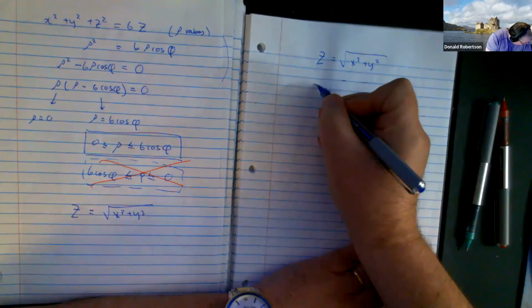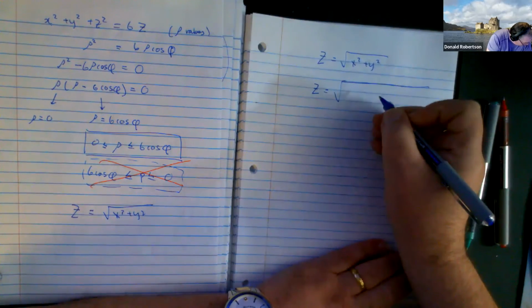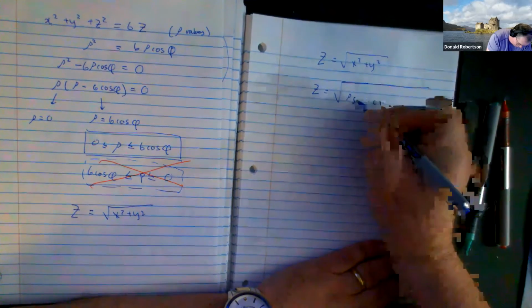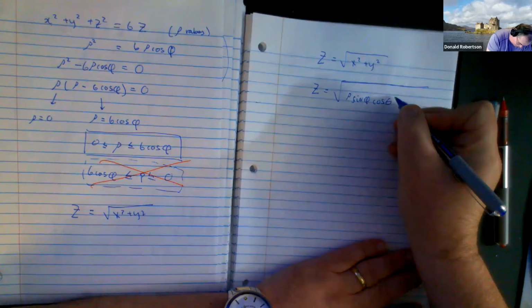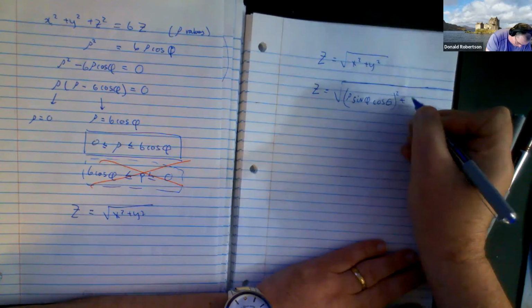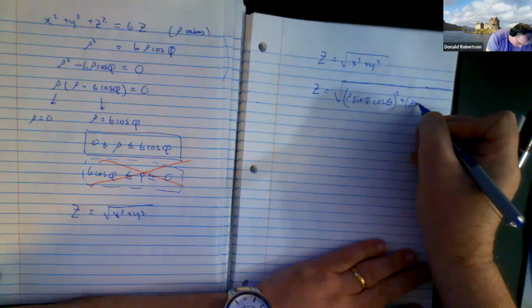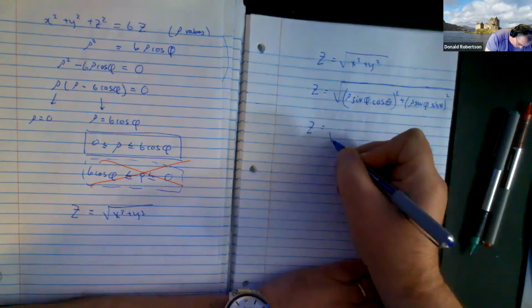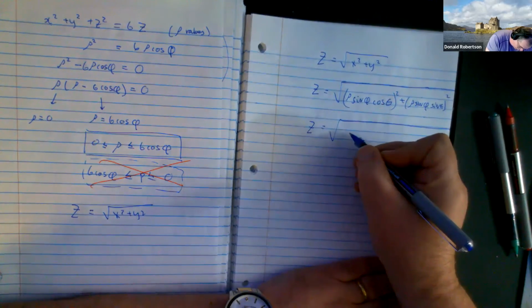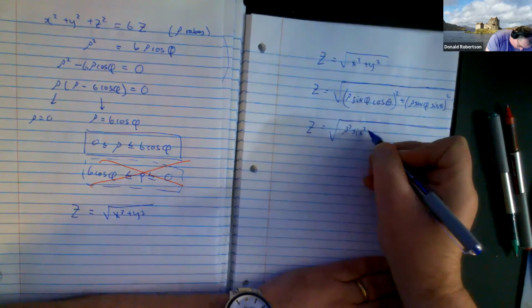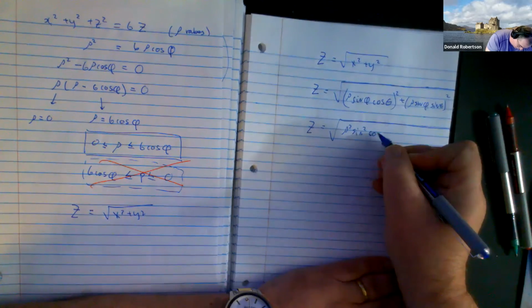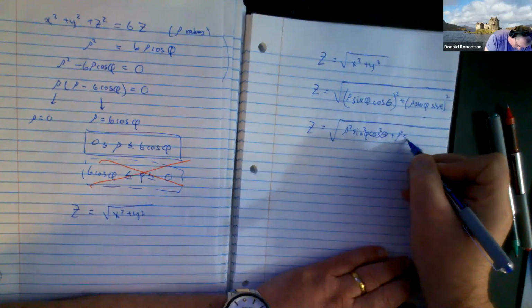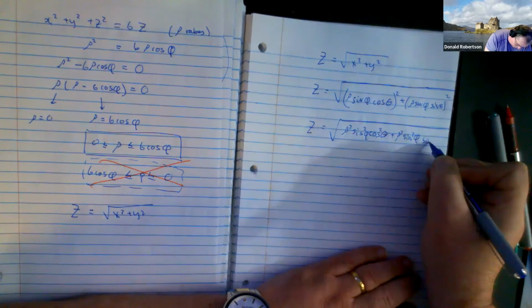It's going to be the square root of rho sine phi cos theta squared plus rho sine of phi sine theta all squared. What's that going to get me? That's going to get me rho squared sine squared of phi cosine squared theta plus rho squared sine squared of phi sine squared theta.